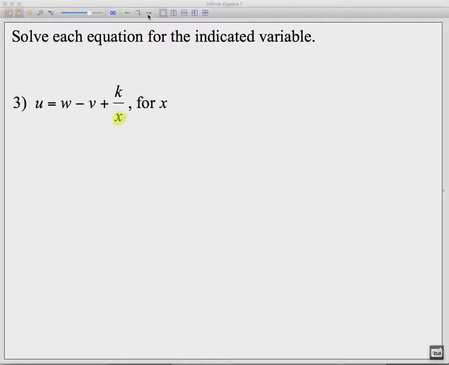They're both being subtracted, so I'm going to add v to both sides. If I add w, all of those will cancel from the right, and I'll have u plus v minus w equals k divided by x.